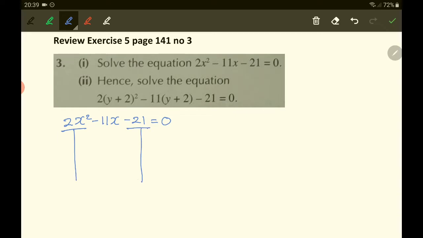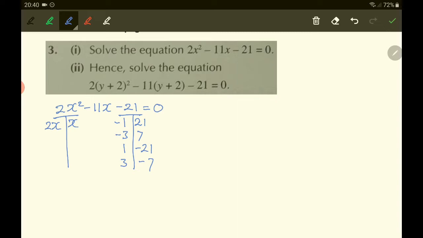So this one is like 2x and x, and here is like minus 7. Oh no, minus 1 and 21 is possible. And then minus 3 and 7, right? It's also possible to be 1 and minus 21, and also possible to be 3 and minus 7.